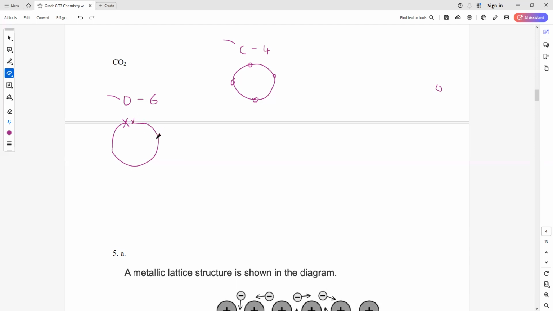We have 6 electrons in this oxygen, and in this oxygen also.